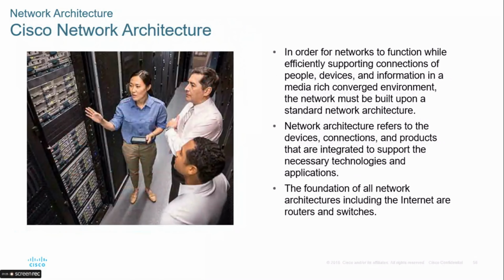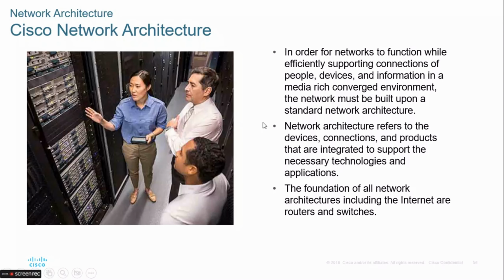Cisco network architecture. In order for networks to function efficiently while supporting the connection of people, devices, and information in a media-rich environment, the network must be built upon a standard network architecture. The network architecture refers to the devices, connections, and products that are integrated to support the necessary technologies.